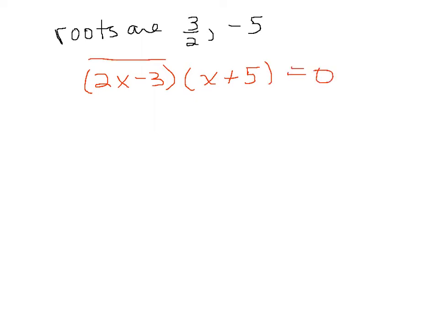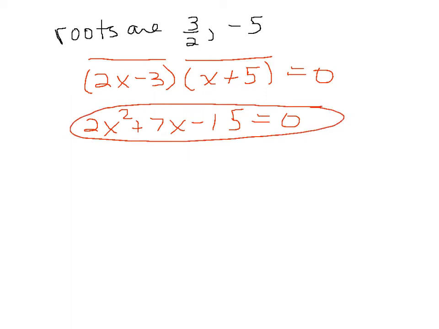So this factor will give me 3/2 as a root, and this factor will give me minus 5 as a root. So if I multiply them out, I get 2x squared plus 7x minus 15 is equal to 0. So this is the quadratic equation, which has 3/2 and minus 5 as roots. What could be simpler than that?